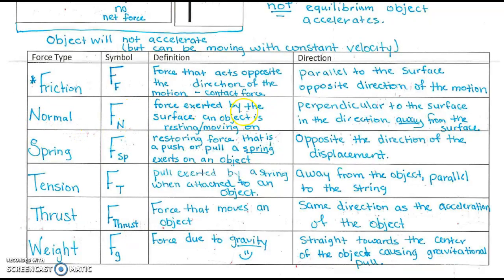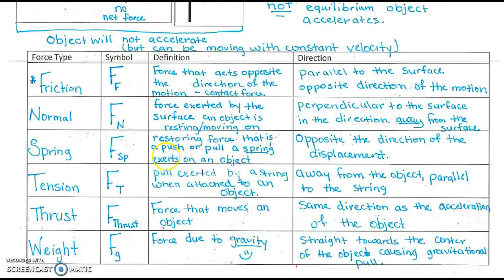It's the force exerted by the surface of an object it's resting on, so typically like the earth, and it's perpendicular to the surface in the direction away from the surface. It's always perpendicular to the surface no matter the angle of the surface. So if we were on an angled inclined plane, it would still be perpendicular from that inclined plane.